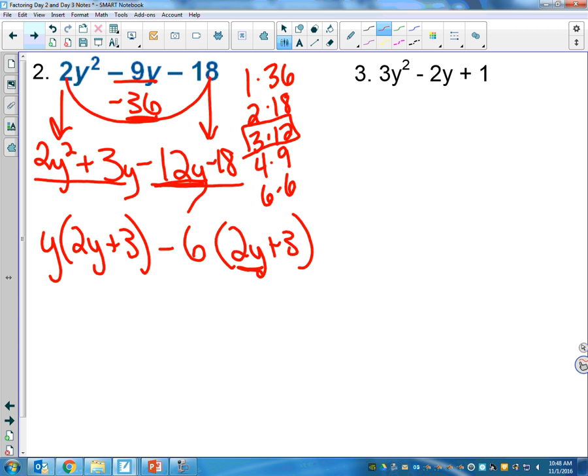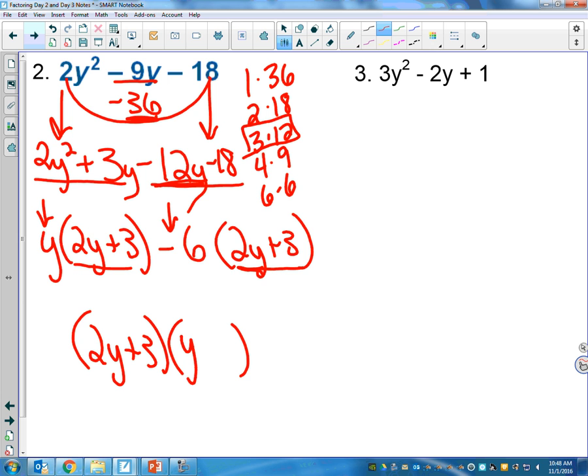Questions on where I got that? So since these are the same, I'm going to pull it out front. And what goes in that second parenthesis? Y minus 6. And so it's a very step-by-step process, and it works every time if it's factorable.